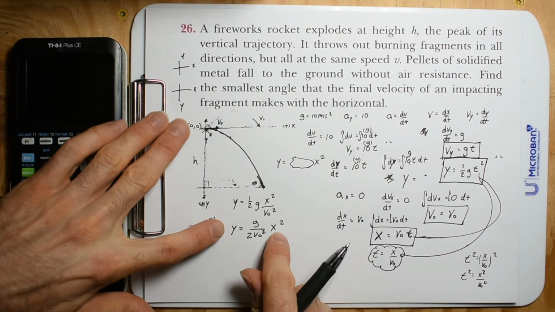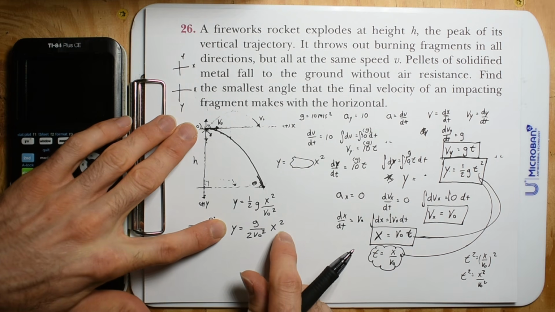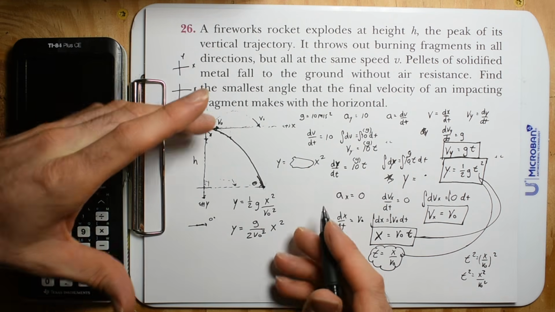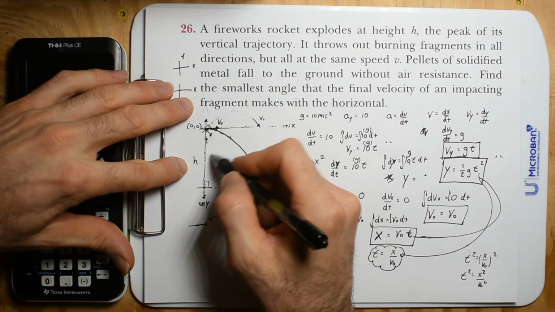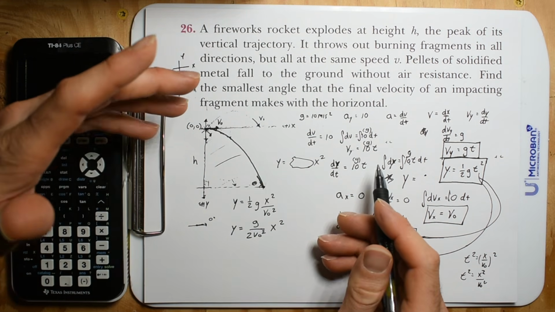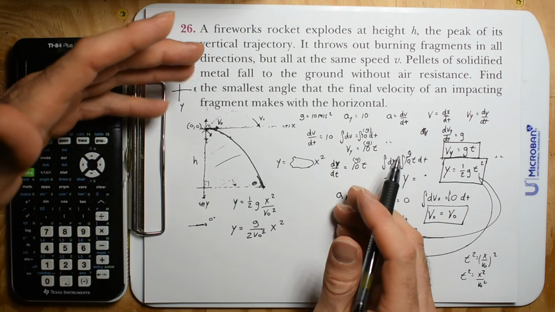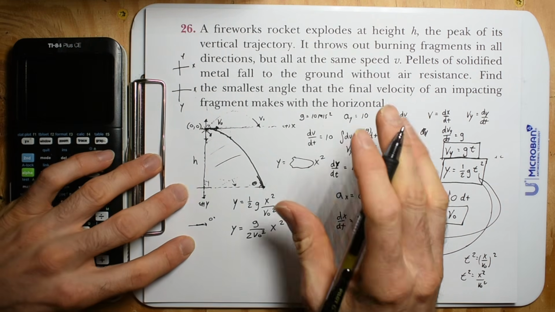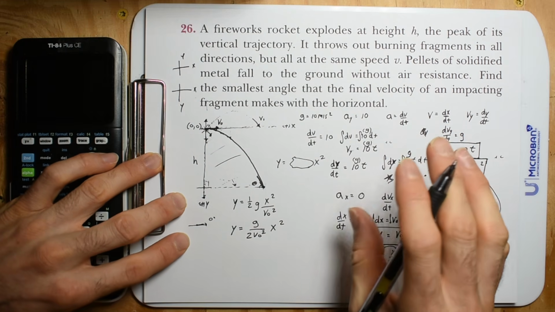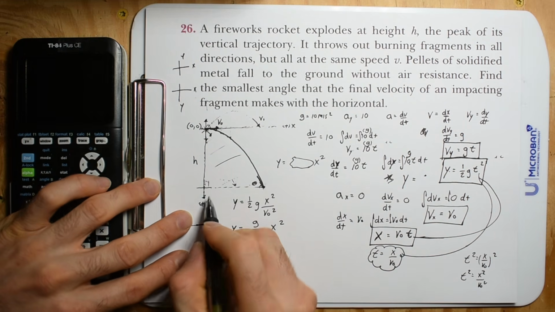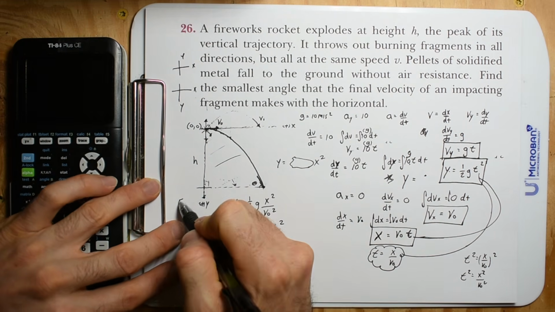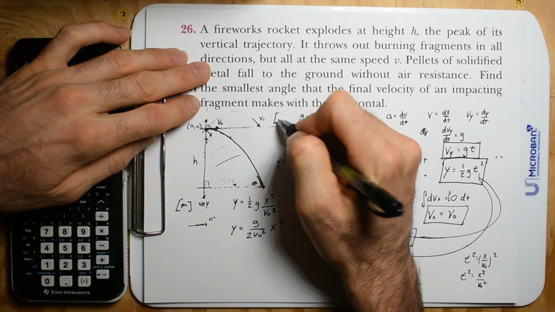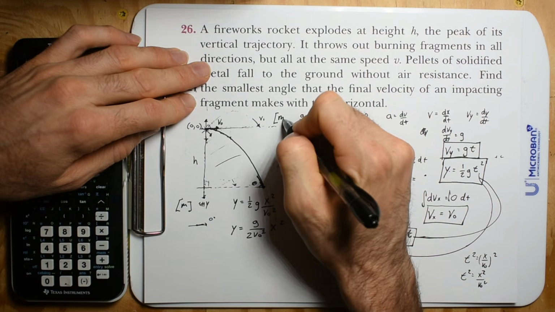Now we have an equation for a line, and there's a lot of things you can do with it. You could integrate it and find the area under the curve. I don't know what that would give you. Anytime you're doing differentiation and integration, if here's my y, this is in meters, and if here's my x, this is in meters.